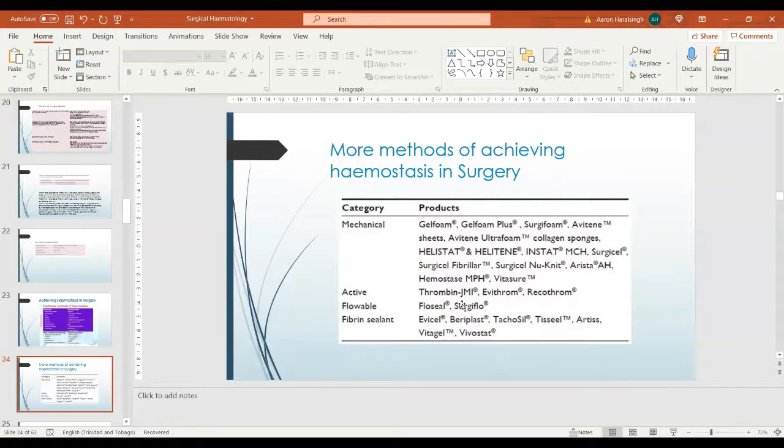We have flowables like Surgiflow and fibrin sealants as well. Things like Tisseal, Evicel. We have things like Spongostan as well. And the way all of these work is by absorbing blood and swelling, thereby creating mechanical pressure on wounds.